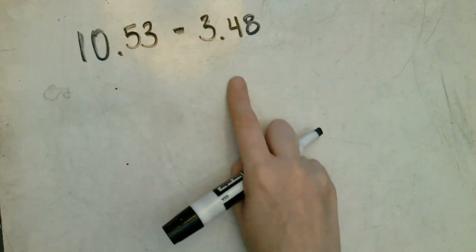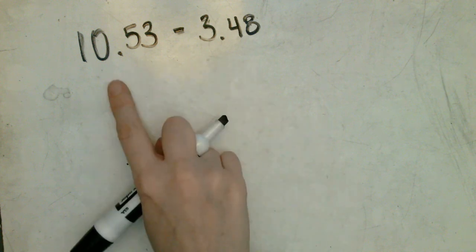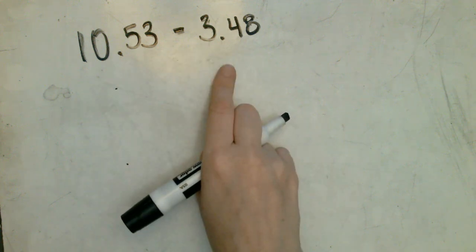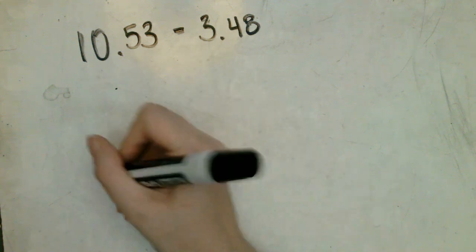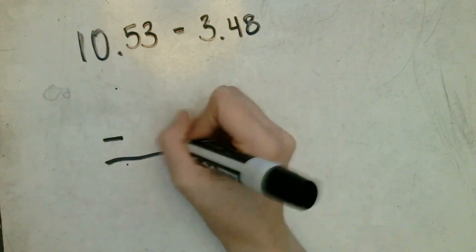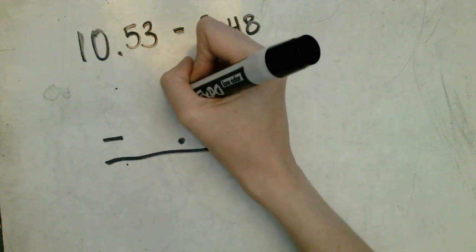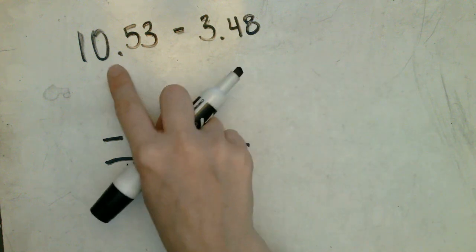If we were going to solve this problem, we would need to find the difference between the two of these numbers. Now, when we are working with decimals and we're adding or subtracting them, it's important that we line up the decimal place. So let's set up our subtraction problem. I'm going to draw it out, and I'm going to put my two decimal places in. Once I have my decimal places, let's fill in my numbers.